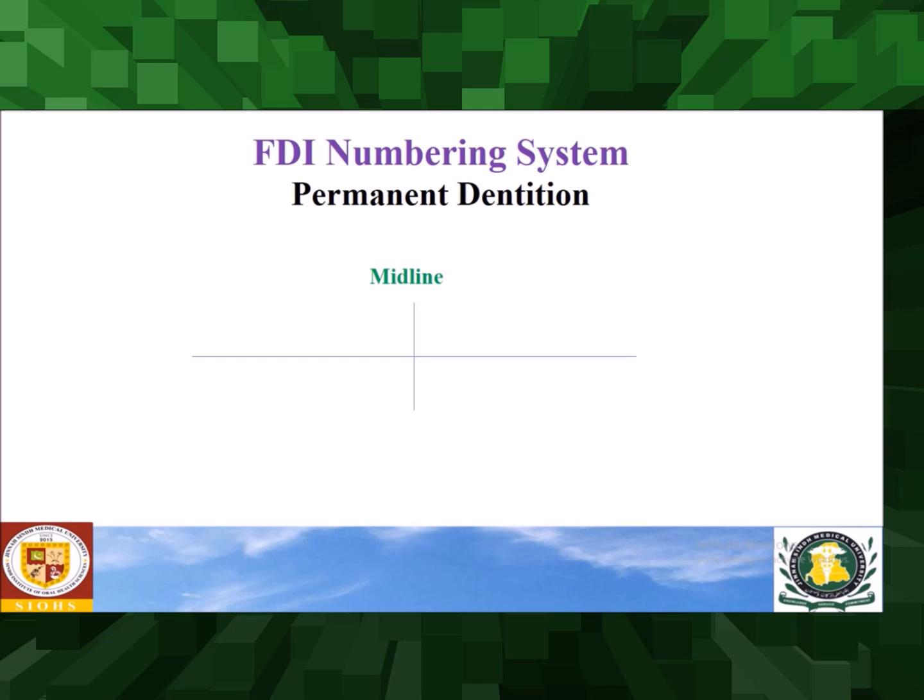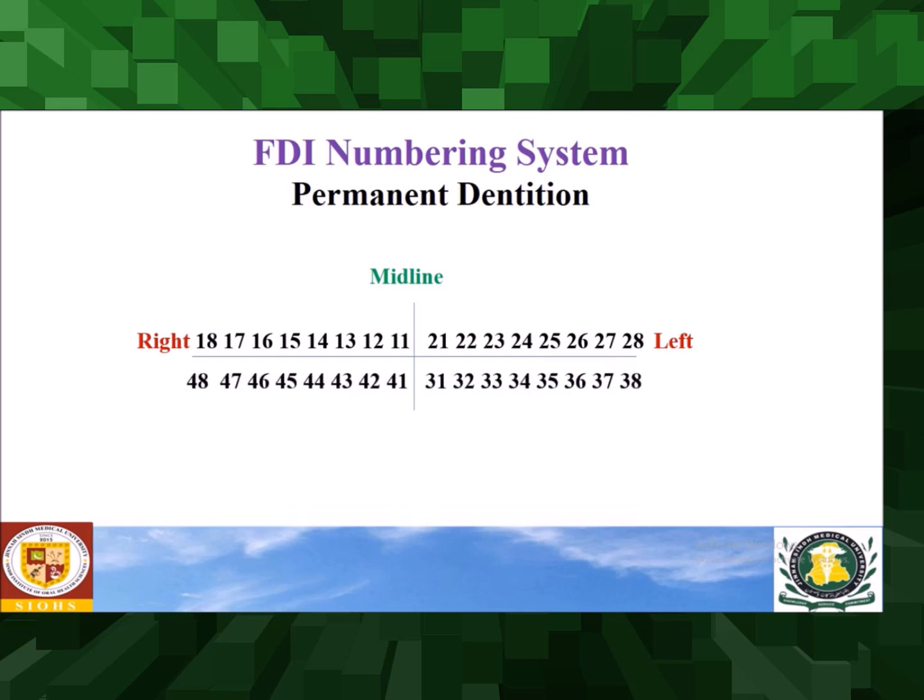Now we will discuss the FDI numbering system for the permanent dentition. Like the deciduous dentition, there are 2 digits, and the first digit indicates the quadrant. Number 1 is the maxillary right quadrant. Number 2 is the maxillary left quadrant.